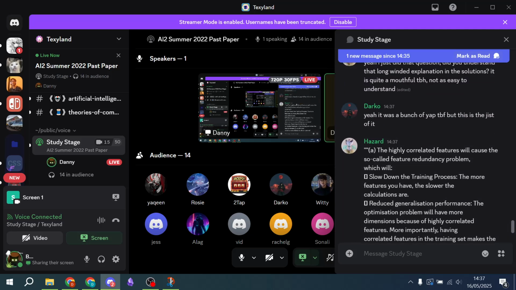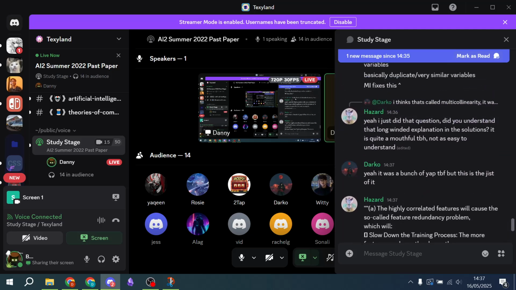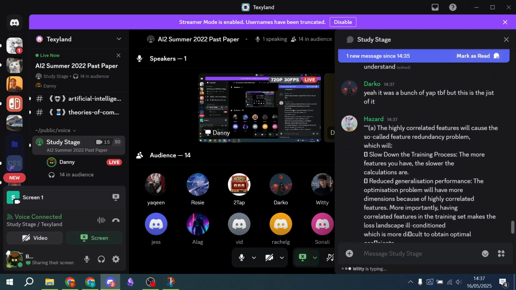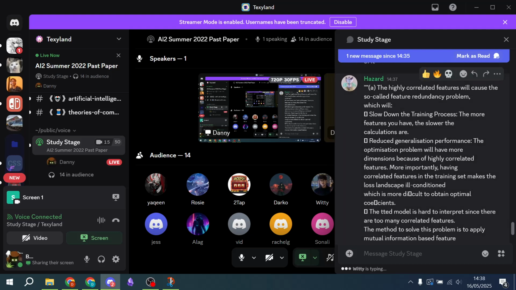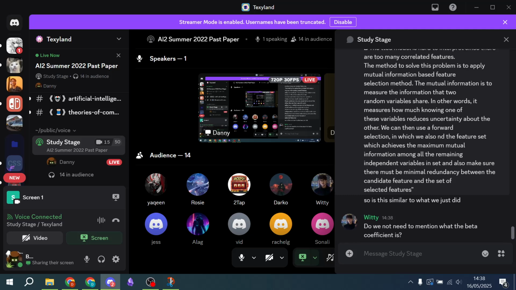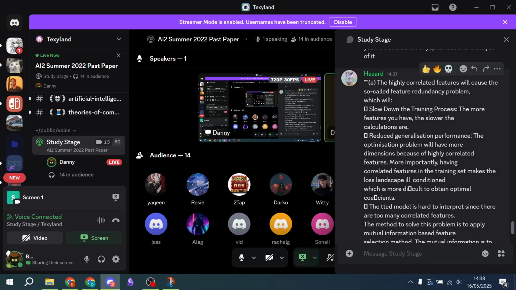Oh yeah, there was a question in the other paper, I think it's in the 2023 paper, I did it last night. I didn't get a very good mark on that question about why is having multiple features that are dependent bad? Is this the mark scheme answer, or is this your own answer? I'll read it anyway.